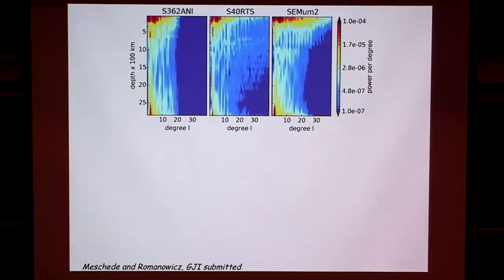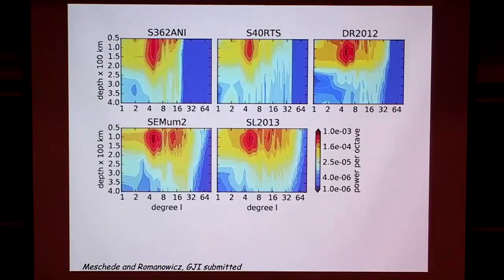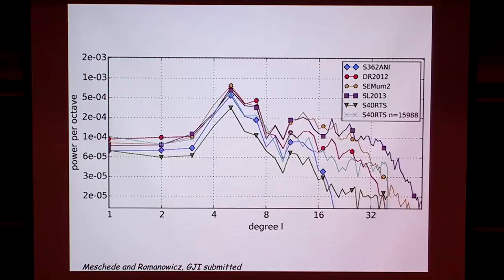These are spectra. I think I'll move on because I won't have time to show what I really want to show. But this is another way of looking at these, comparing these models, which is the spectrum. This is between 100 and 200 kilometers depth, so it's average structure. Again, in the Fourier domain, if you want, but it's the power per octave.